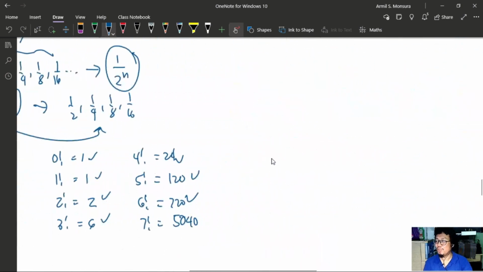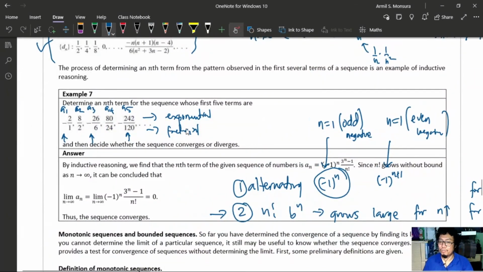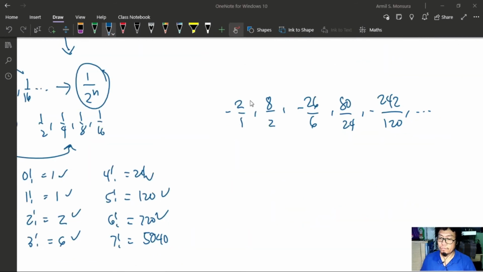Say for example, you start with 2 raised to n. Let me rewrite this on that side of the board. We have already established some facts. Number one, this is an alternating sequence with the odd terms being negative, so the negative 1 raised to n factor would appear in our final form.